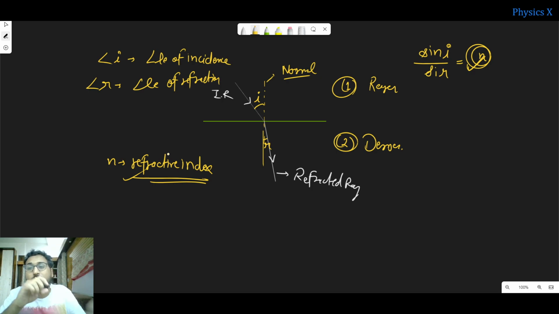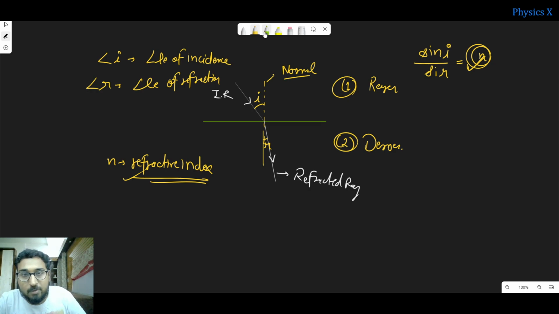Refractive index denotes the amount of refraction the ray of light undergoes in that material. If refractive index is more, refraction is more, that means bending is more. If refractive index is less, bending is less. When comparing two materials, low refractive index means a rarer material, and more refractive index means a denser material.